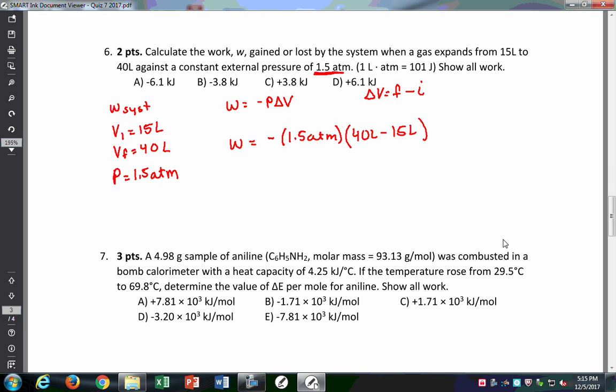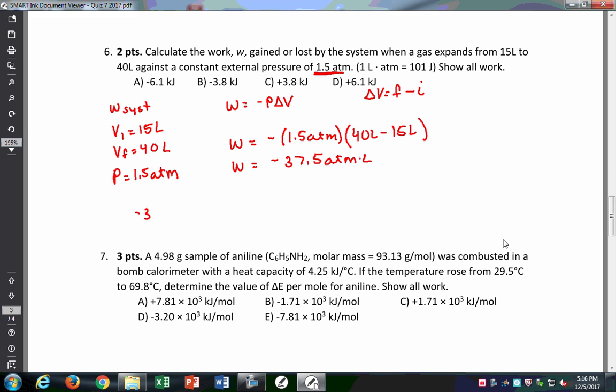So that gives us our work, which is negative 37.5 atm times liters. But my answers are not in atm liters. My answers are in kilojoules, so I have to do this conversion, which is pretty common, because typically work and heat are in kilojoules.